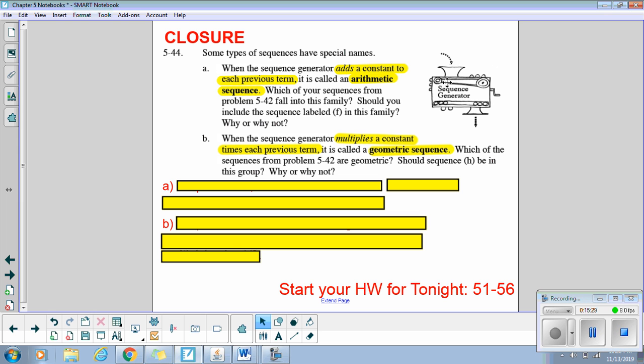So my question is, which of the sequences from our sort in the last problem are considered geometric based on that definition? And should sequence H be in this group? Why or why not? So go ahead and pause the video, answer that question, and then we will talk about the answers for both.